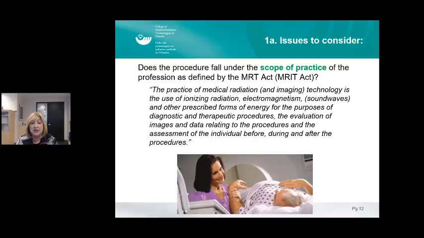And so what we've done in this slide is we've put in brackets how things change when the MRIT Act comes into force.